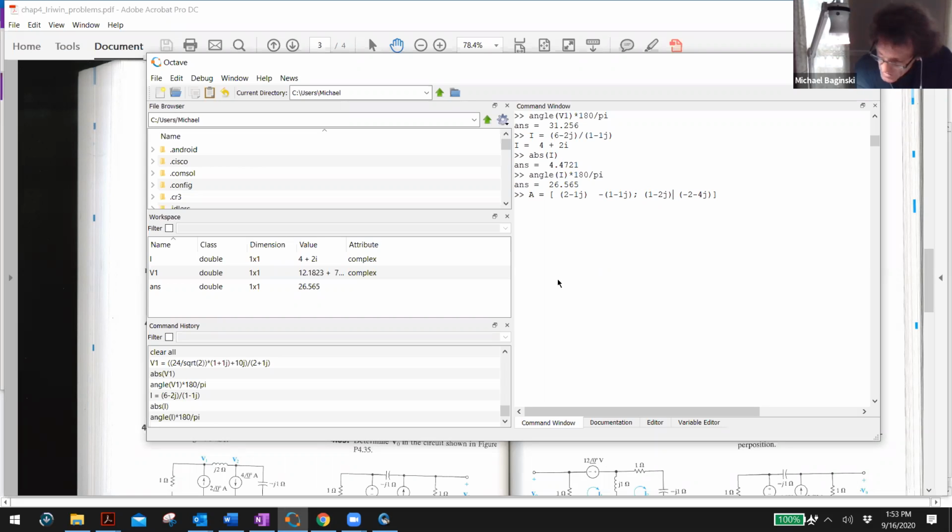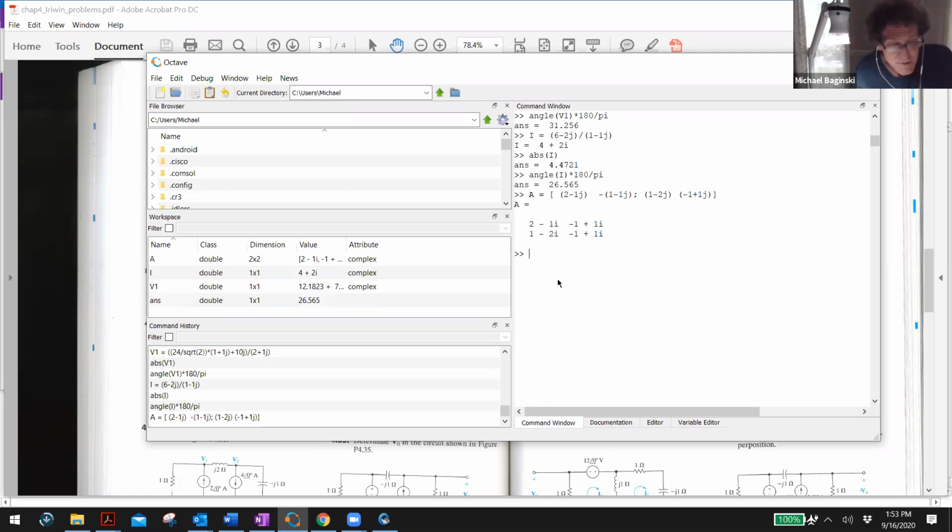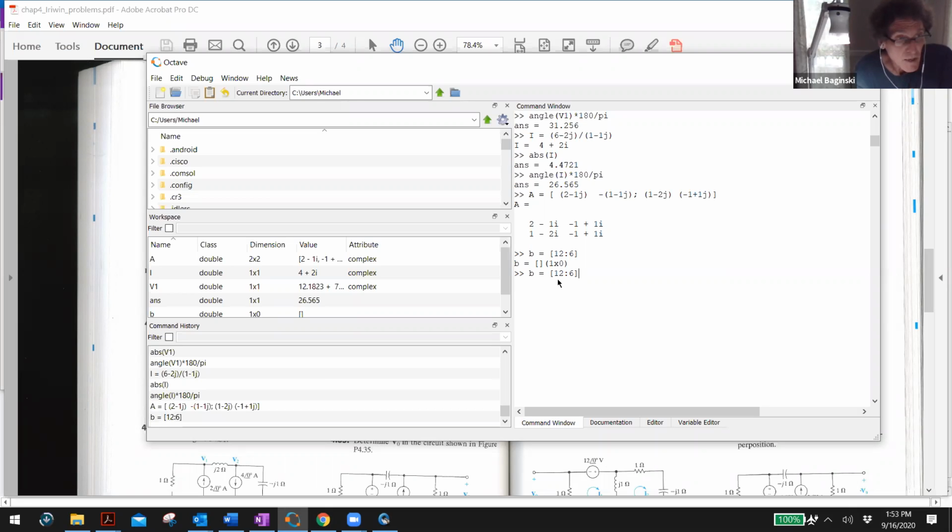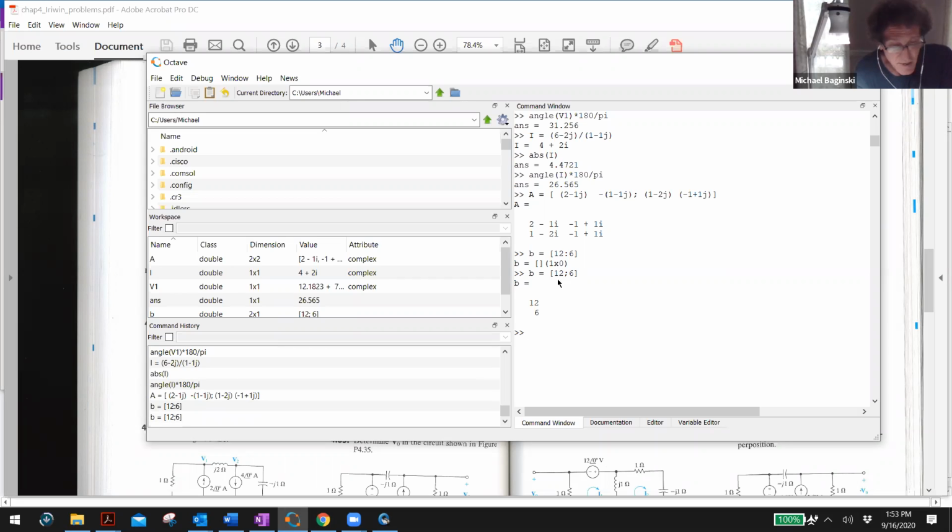And the final one is minus 1 plus j. That's A. The column vector was what, 12 and 6? Semicolon, 12 and 6.